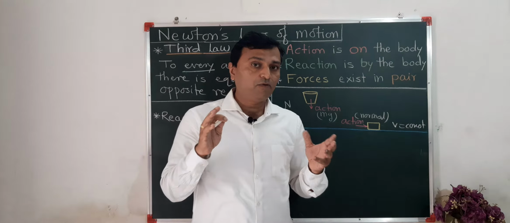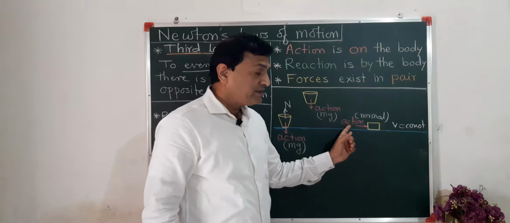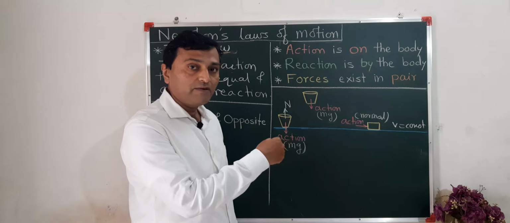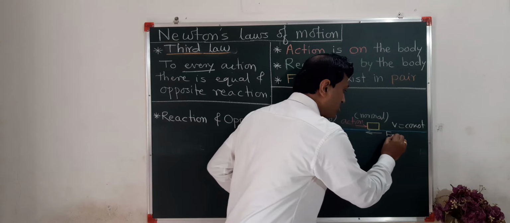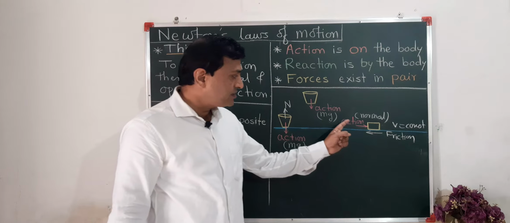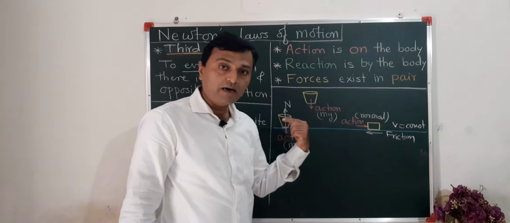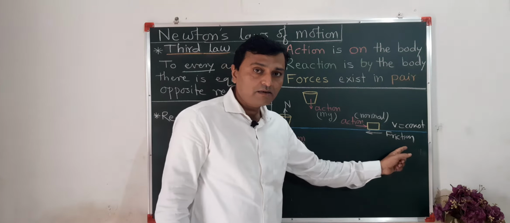If force is 0, velocity will be constant. Means there must be an opposite and equal force, and it is developed by frictional force. This action is in the right direction, and frictional force is in the opposite direction. Can we say this is an action-reaction pair? Answer is no.